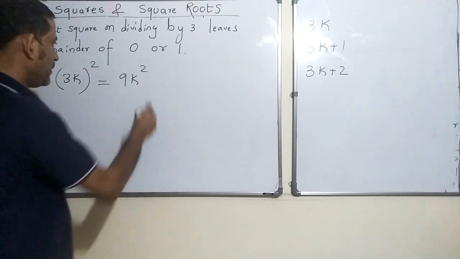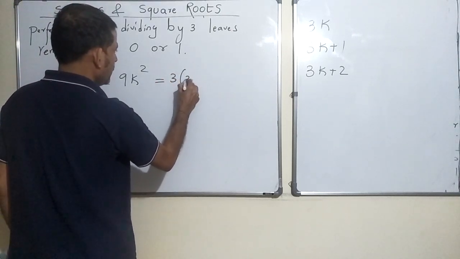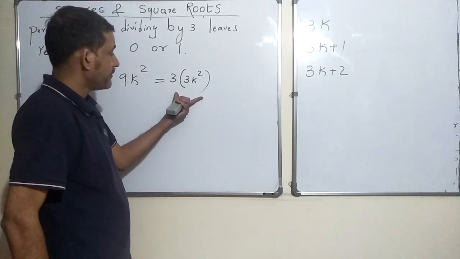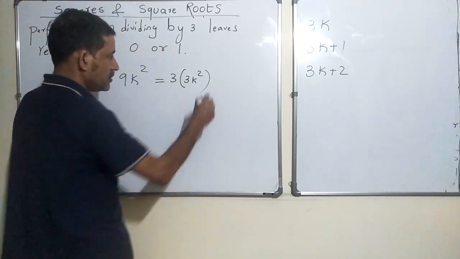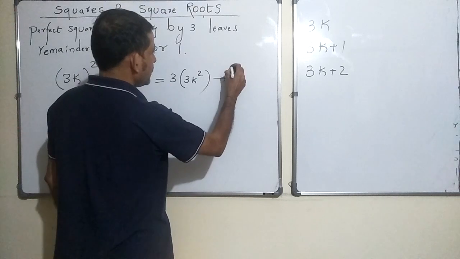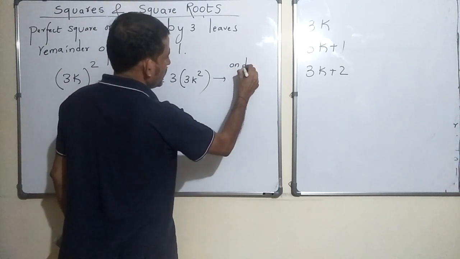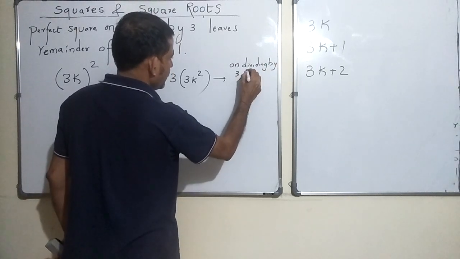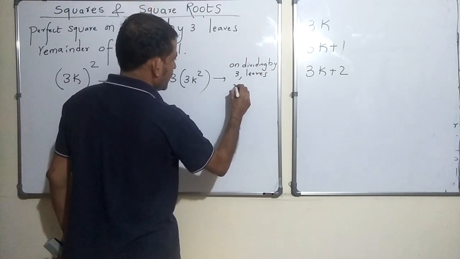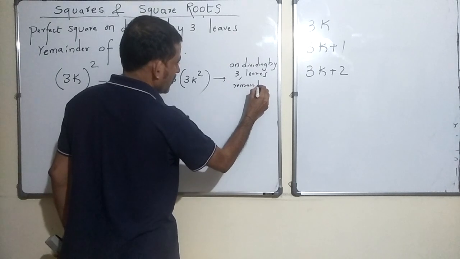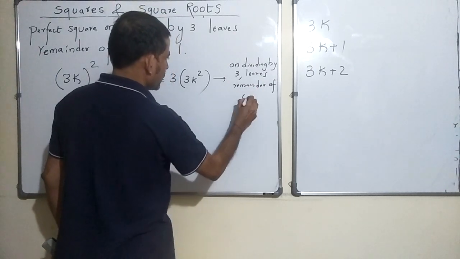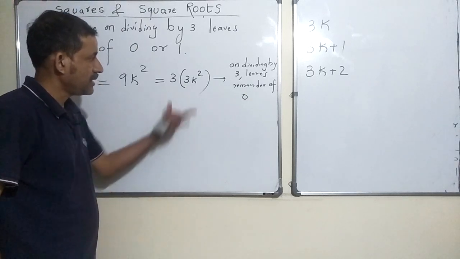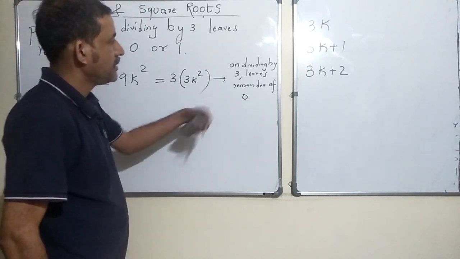Which is nothing but 3 times 3k square, which is clearly divisible by 3. So on dividing by 3 it leaves a remainder of 0, because this number is clearly divisible by 3. So if you divide, remainder of 0.